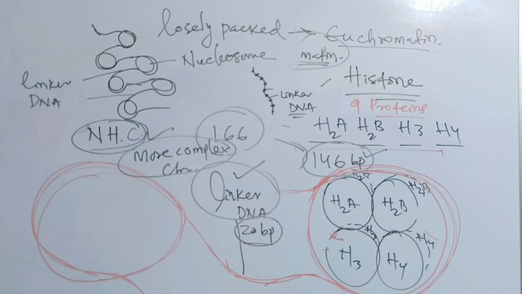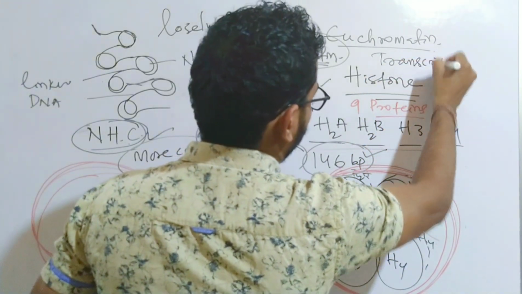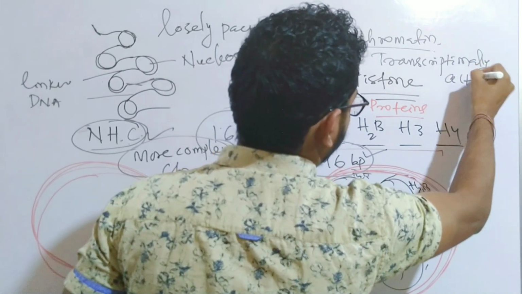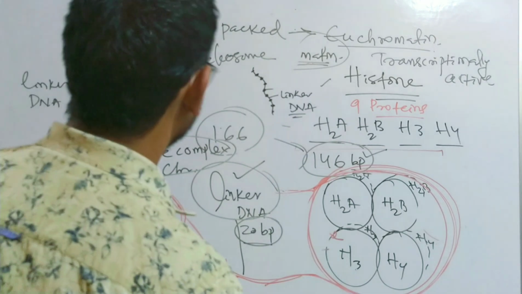These euchromatins play an important role during transcription. So they are transcriptionally active. Okay. So loosely packed euchromatins are transcriptionally active and the densely packed heterochromatins are inactive.